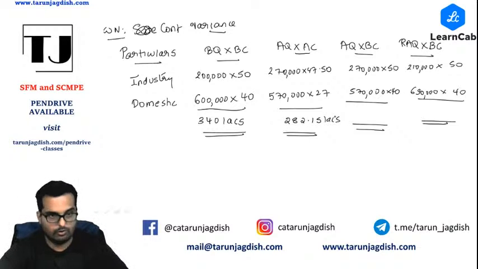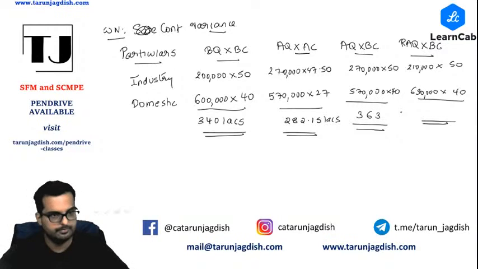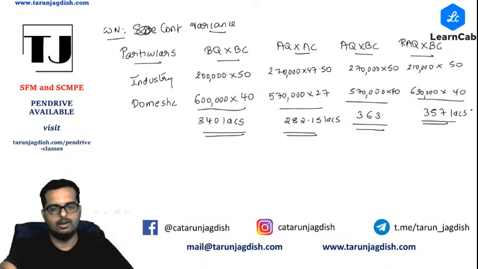Just to cross check, you can always work it out. Yes, that's the same number. It will be 363 lakhs over here. Here you will get the answer as 357 lakhs.